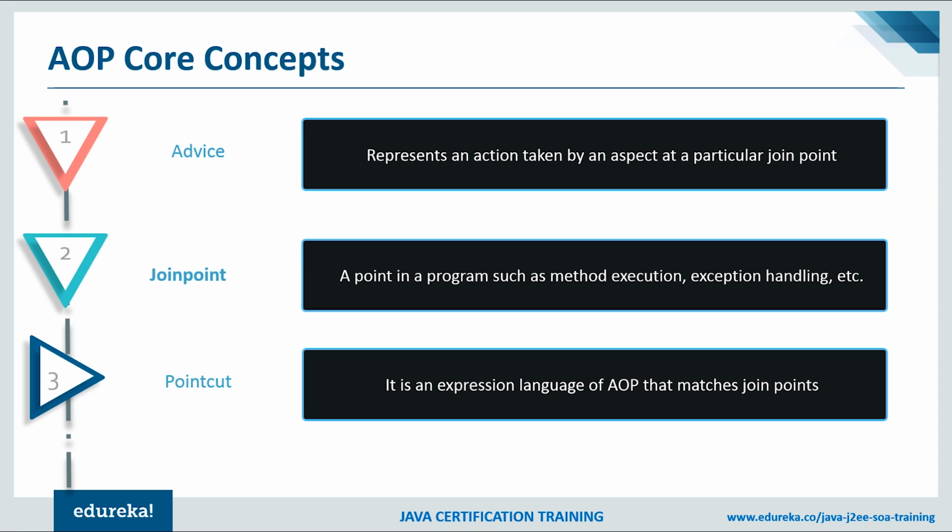Again, we have the target object, that is the object on which advices are applied, and in Spring a subclass is created at runtime where the target method is overridden and advices are included based on their configuration. And also we have proxy, which is an object that is created after applying advice to the target object. In terms of the client, the target object and the proxy object are all the same.